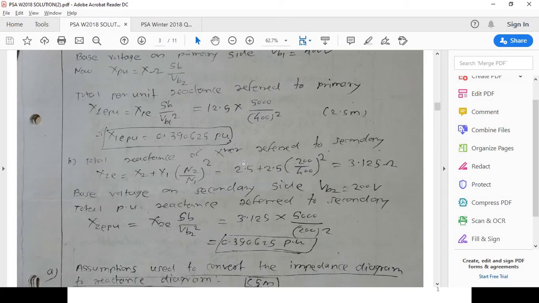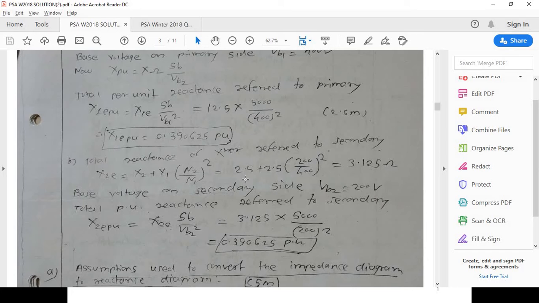In this numerical, in the per unit form, we had already discussed what the advantages of per unit quantity are. One advantage is that the per unit value remains the same on the primary as well as the secondary side of the transformer. Through this numerical also we will get the idea, and those who already know this statement can verify their answer, whether X1E per unit and X2E per unit are the same or not.